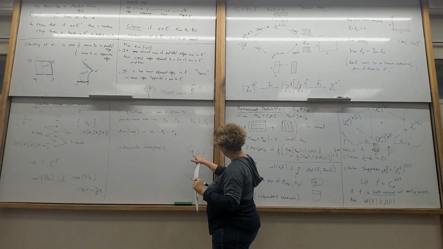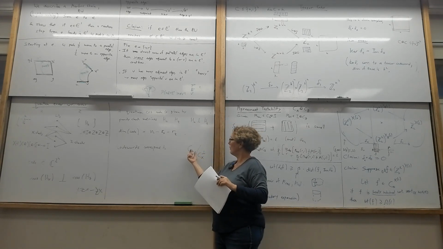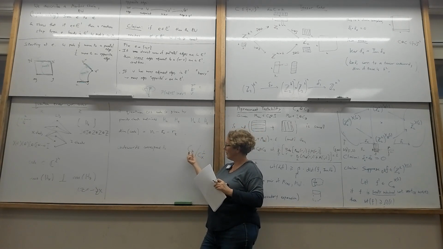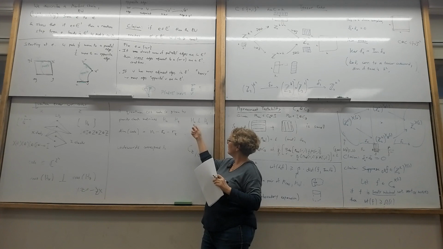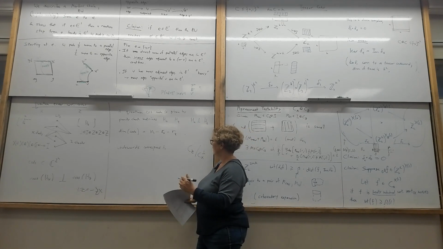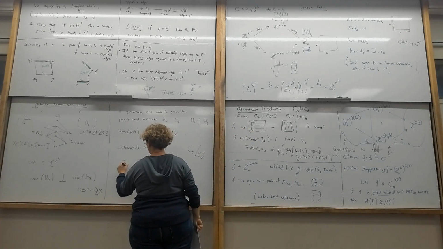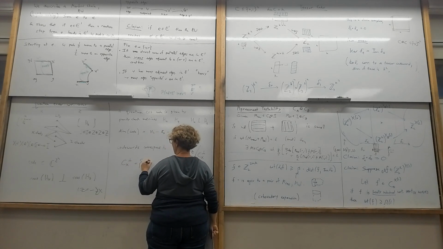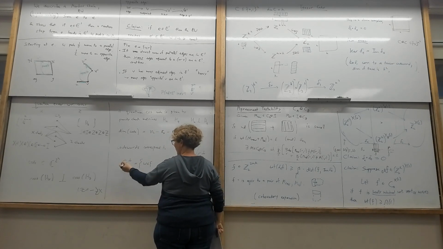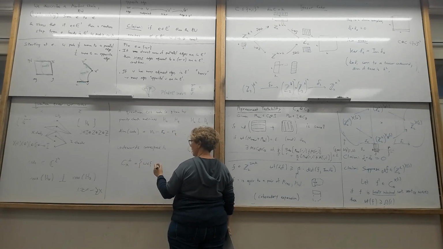So every code word of CZ is potentially a code word in our code, but the fact that these guys are perpendicular means that CX perp, what is CX perp? This is now a classical space. It's just a subspace of 0, 1 to the n.